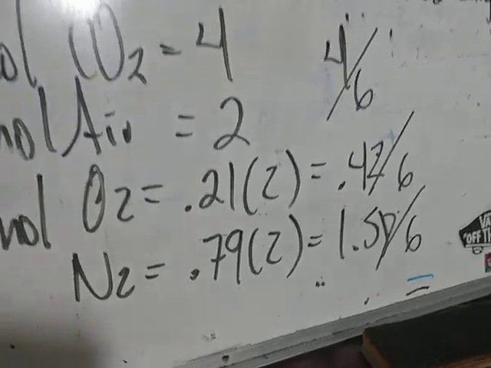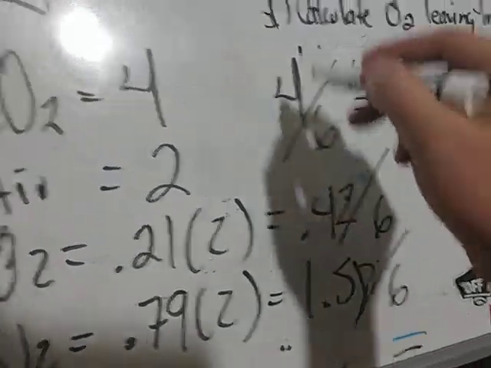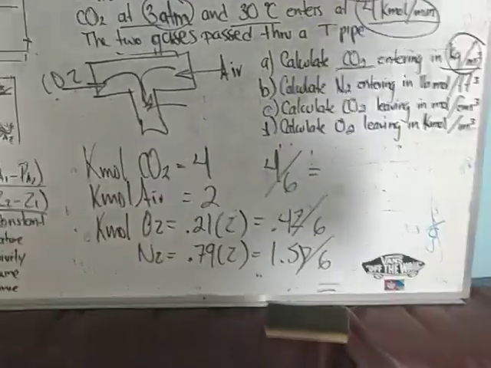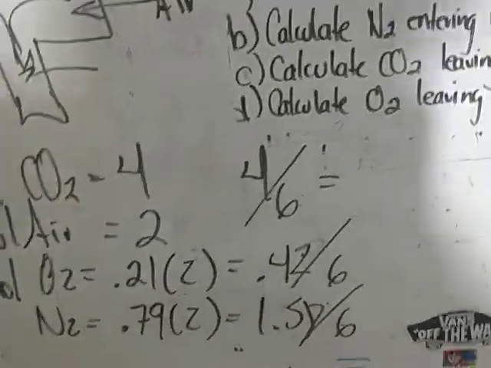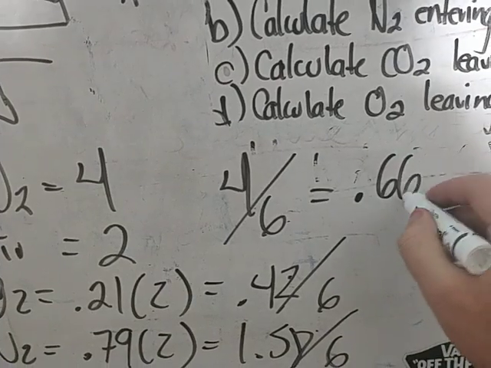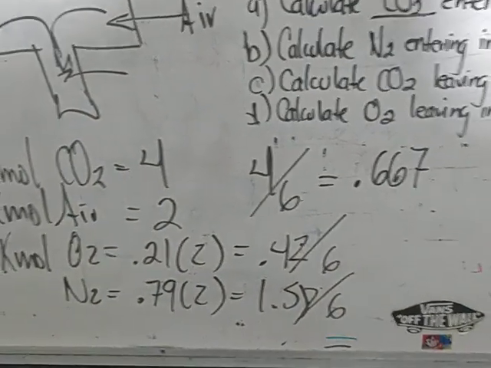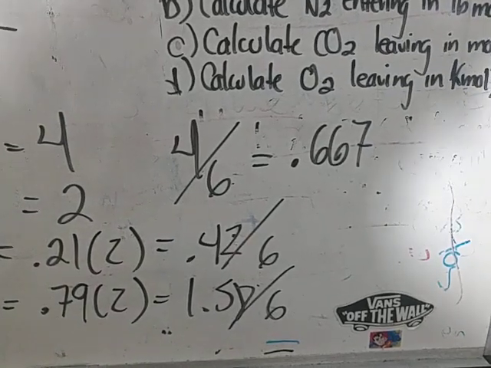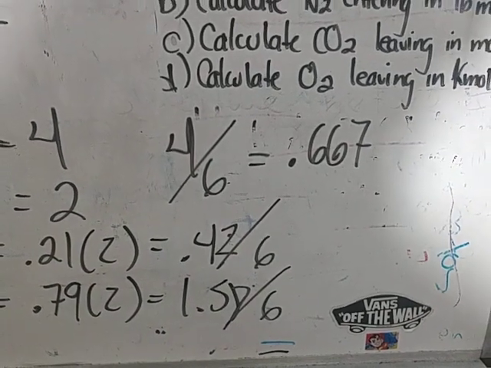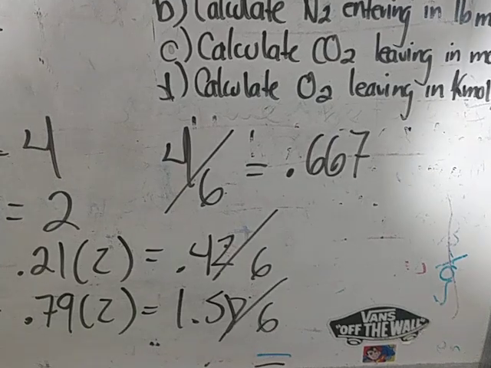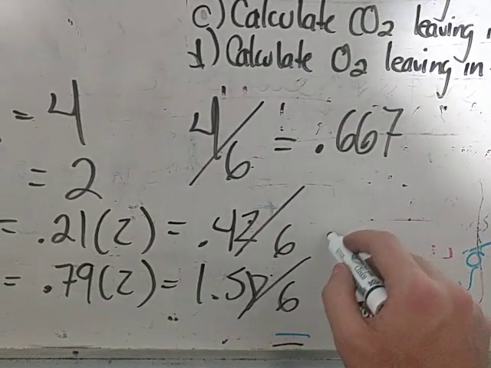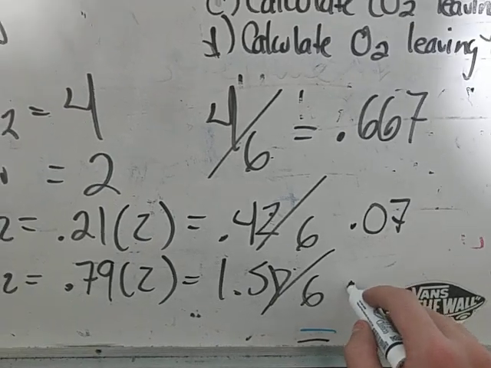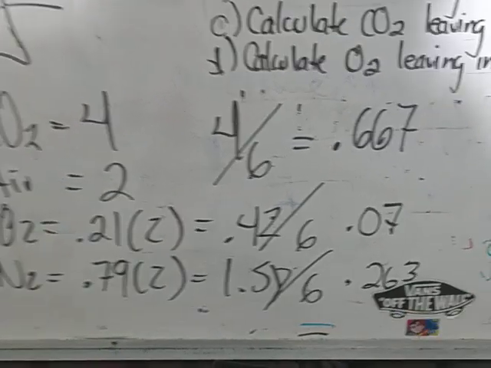In this case, I will know what the leaving rate, the output rate, is. The output rate that I have is that the dioxide is giving me 0.667, the oxygen is giving me 0.07, and the nitrogen is giving me 0.263.